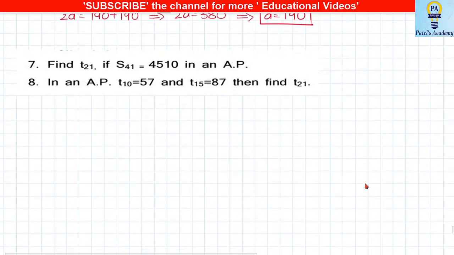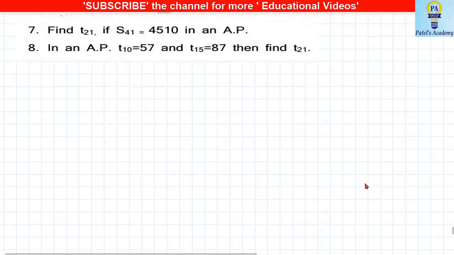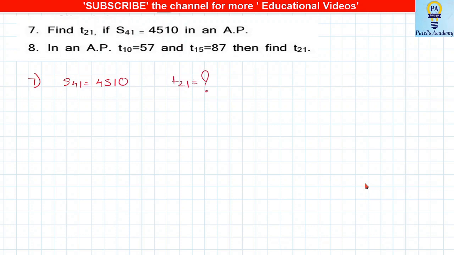The seventh sum. Find the 21st term if S41 is 4510. Okay, so S41 is given as 4510. We have to find out T21. Okay, it is similar to one sum we did before.